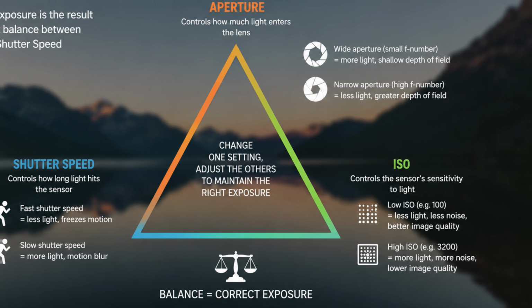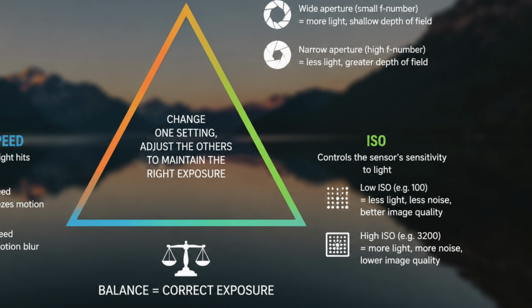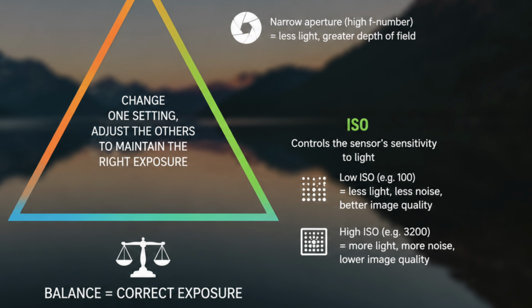Your second option is increasing the ISO. ISO controls how sensitive your camera is to light. Increasing it brightens your image, but it also introduces noise. And that's where many photographers still hesitate. Years ago, avoiding high ISO was actually very good advice.